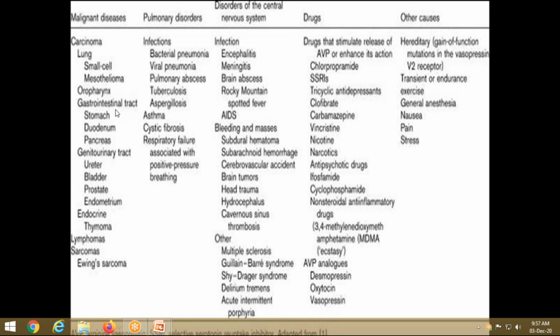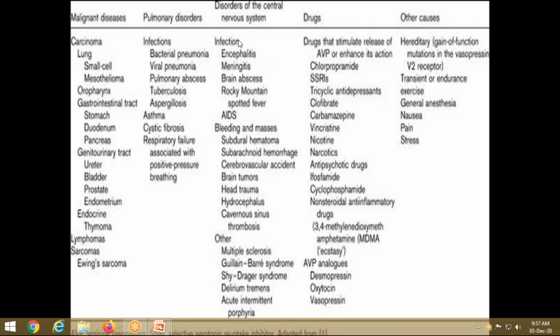Like oropharynx, GI, genitourinary. So all these can cause the SIADH. And even lung disorders can cause SIADH. It is also seen in bacterial infections, any infection, cystic fibrosis. It is also another cause.